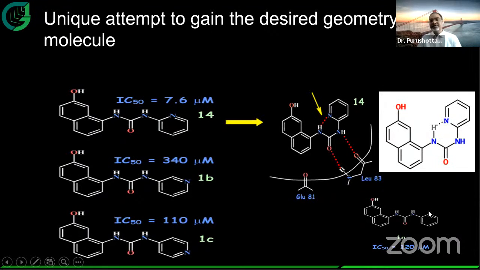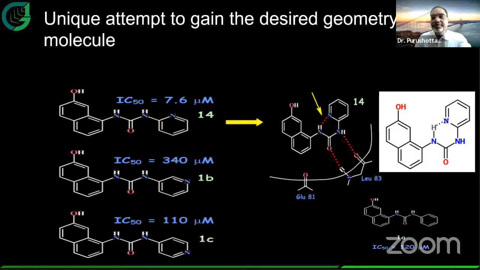So this is what the structure activity relationship or the smaller changes. A simple introduction of a nitrogen onto the compound 1A and modifying it to the pyridine derivative compound 14 has resulted in several fold gain of activity.